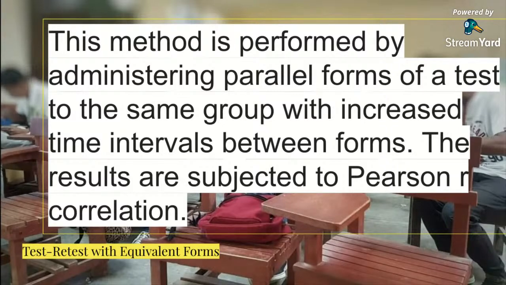In test retest with equivalent forms, we administer the parallel forms of tests to the same group with increased time interval, a longer time interval between the two forms. Once we're done doing that, we check the papers and tabulate the scores. Then we compare the scores of the first group and the second group using Pearson R correlation.